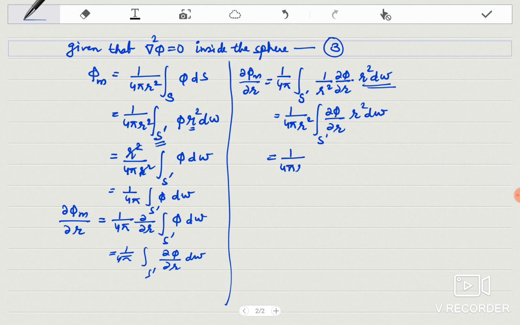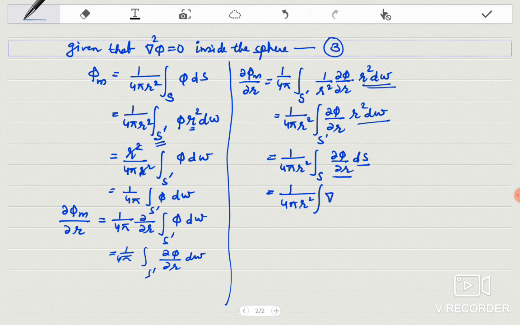1/4πr² ∫ over S of ∂φ/∂r dS, because I am writing dS in place of it. What is this ∂φ/∂r dS?